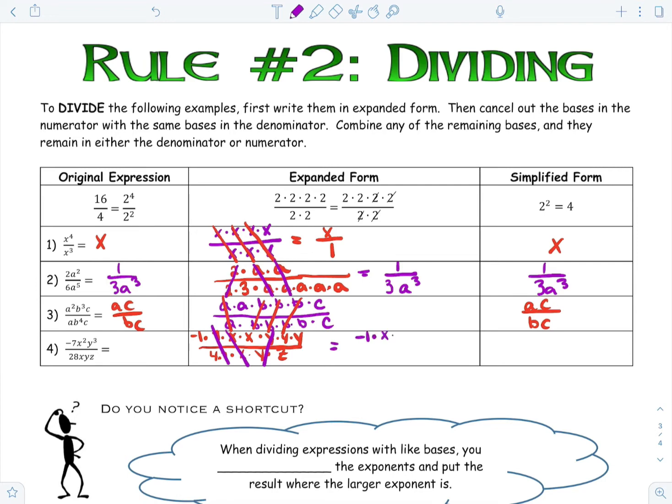So we're left with a negative 1, an x, a y over 4 times z. So negative 1 xy squared over 4z. That's our final answer. Or negative xy squared over 4z.